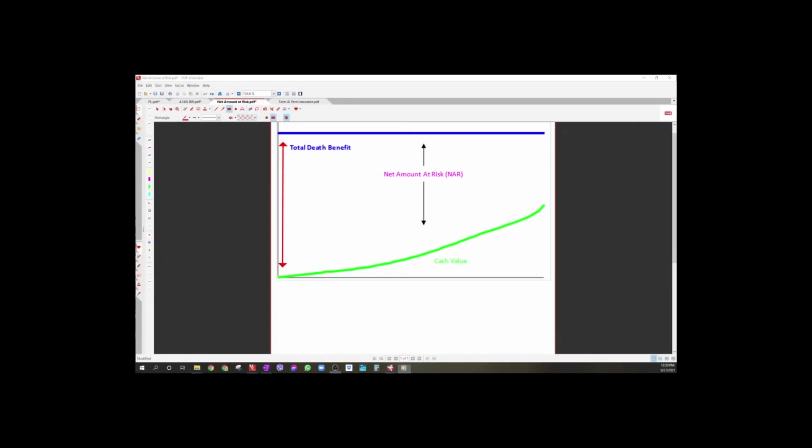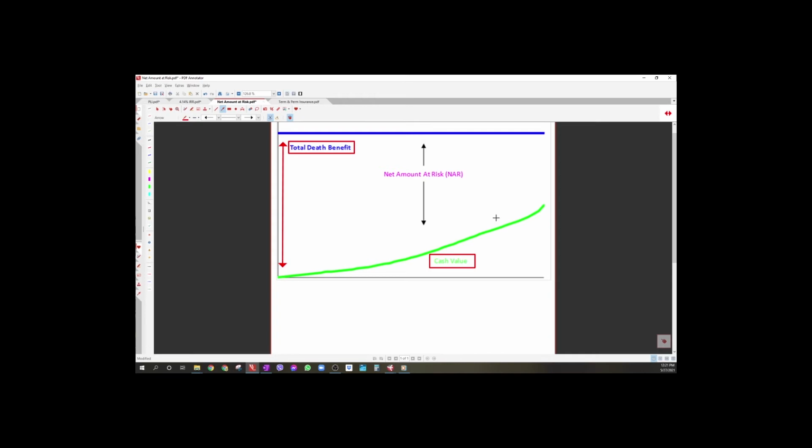The net amount of risk is the difference between the policy's total death benefit and the cash value that builds up in the policy. Therefore, that difference is the highest at the very beginning of the policy's life cycle, and so are the costs. Yet, this structure proves to be very efficient for cash accumulation in the long run.